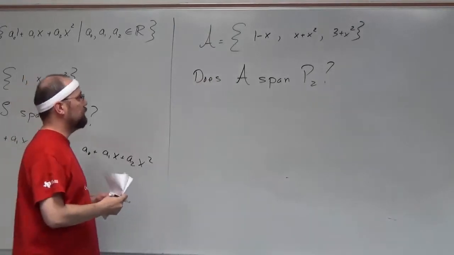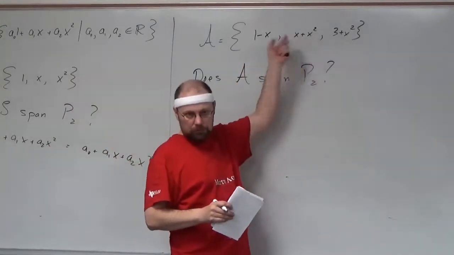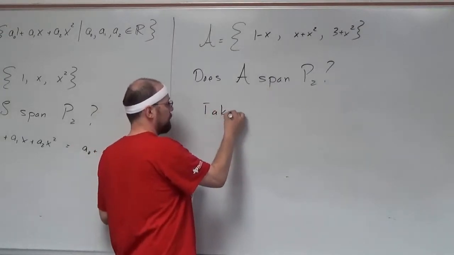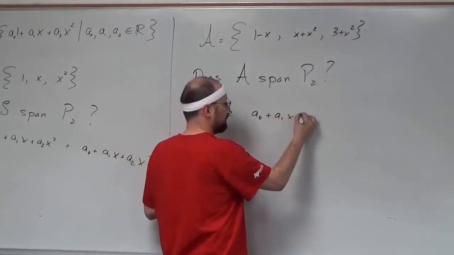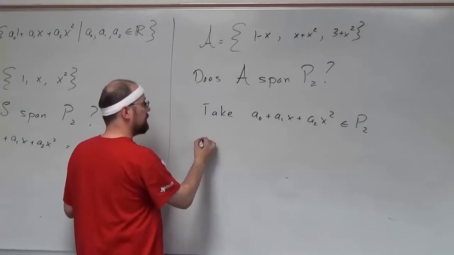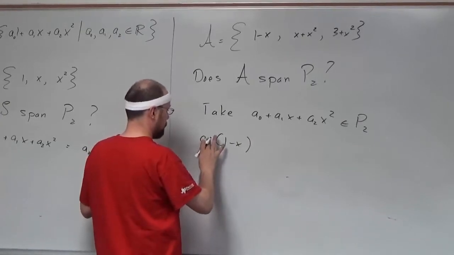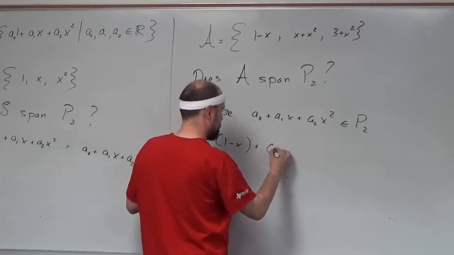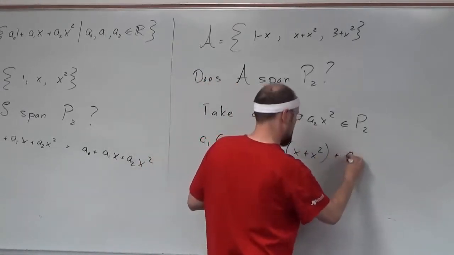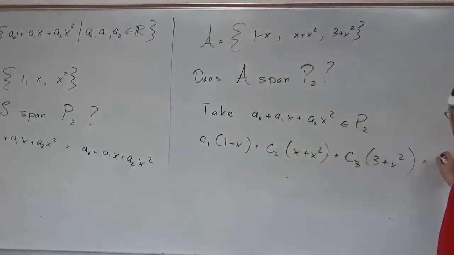Well, of course, that is to ask, can we take any polynomial of degree 2 or less and express it as some linear combination of these three polynomials? So if we take an arbitrary polynomial in P2, can we express it as a linear combination of this set?